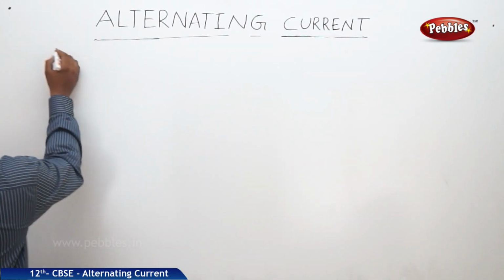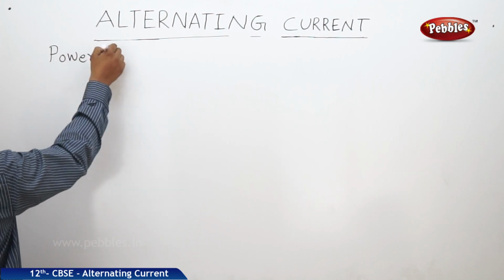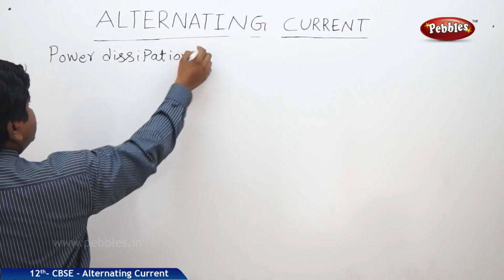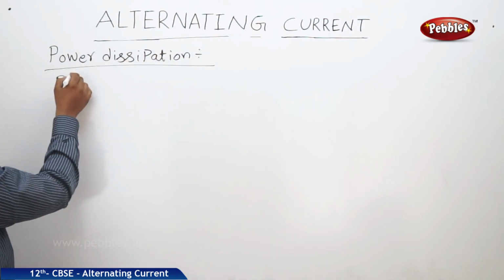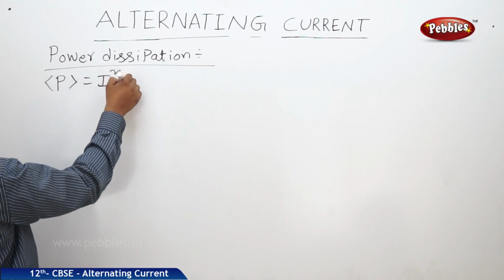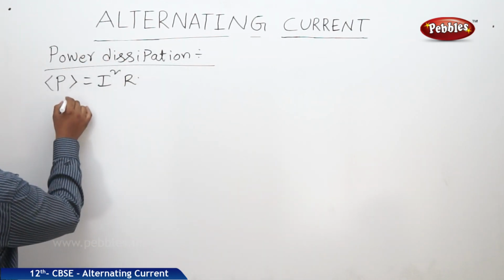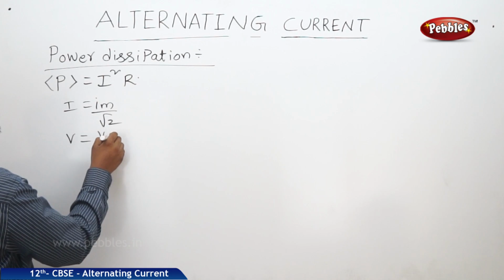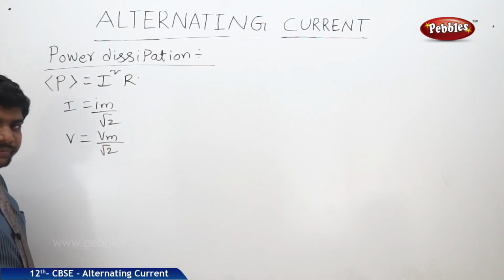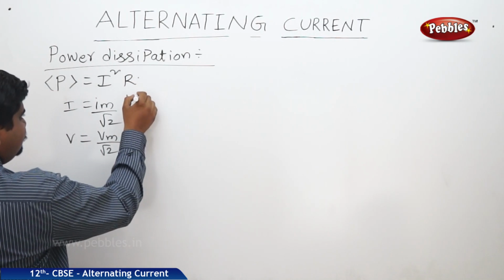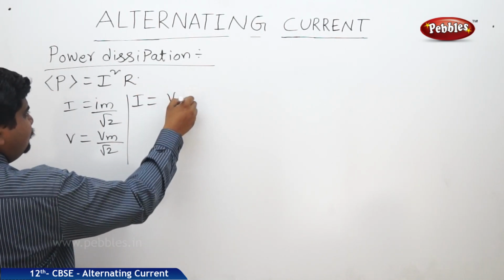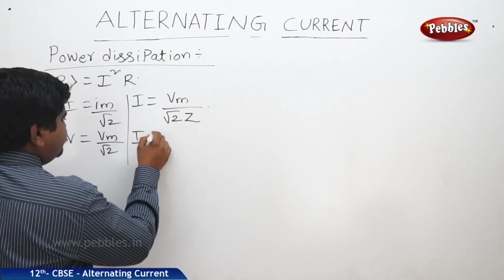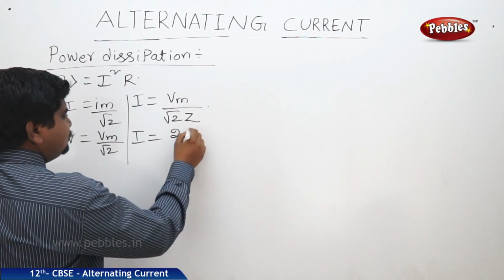Next, we will see the power dissipated. What is the formula of power dissipation? I square R. But we know that I is equal to Im by root 2, V is equal to Vm by root 2. So therefore, we can find out Im is equal to Vm by root 2 Z. Therefore, I is equal to, what is the maximum voltage? 283.